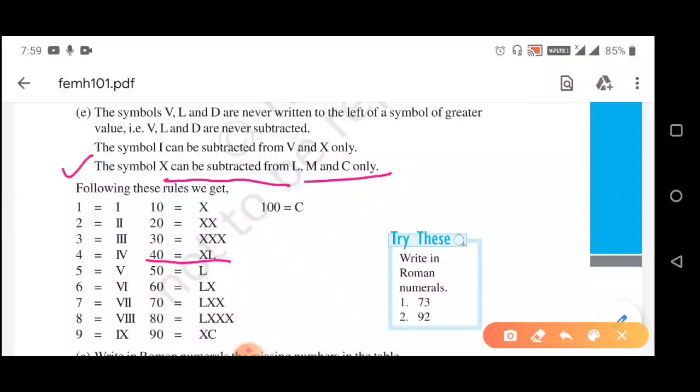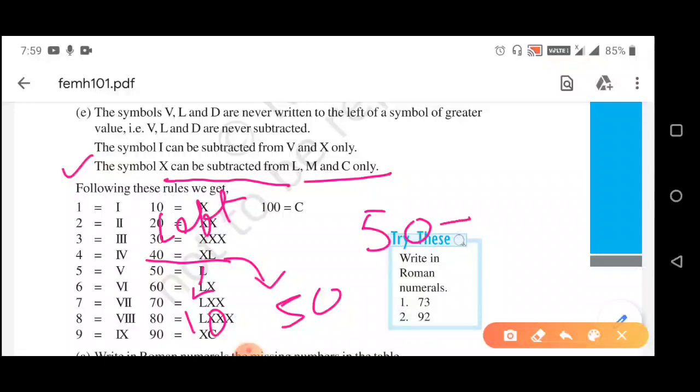Here X is the symbol for the smaller number, which is 10, and L is the symbol for the greater number, which is 50. And X is written on the left side of L. So the value of X will be subtracted from the value of L. So 50 minus 10, so it will become 40.